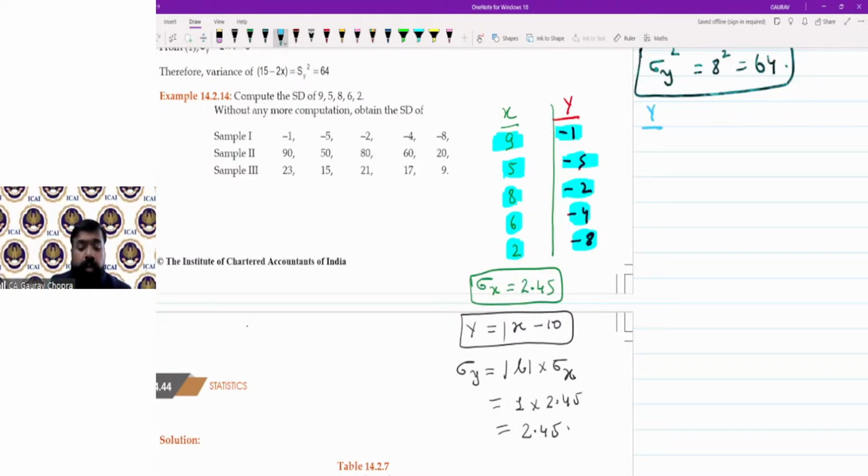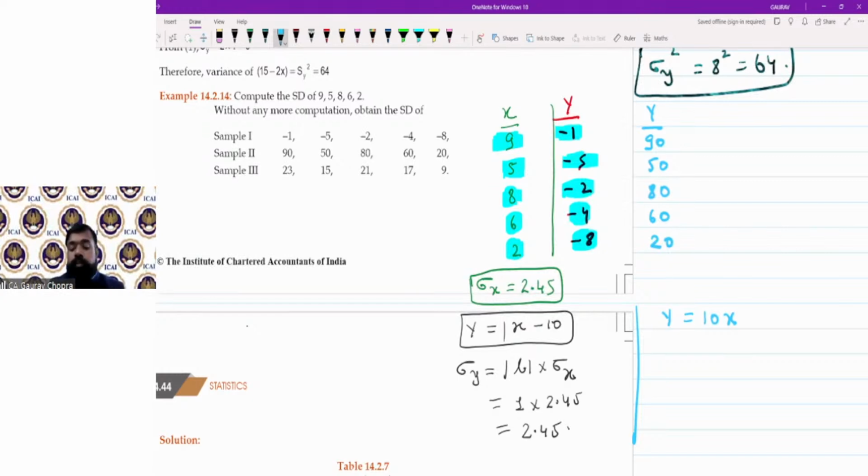Now let's take another series. This time the values of y are 90, 50, 80, 60, and then 20. So 9 and 90, what is the connection? 5 and 50, what is the connection? Simply, it is multiplied by 10. So we can write y is equal to 10x.